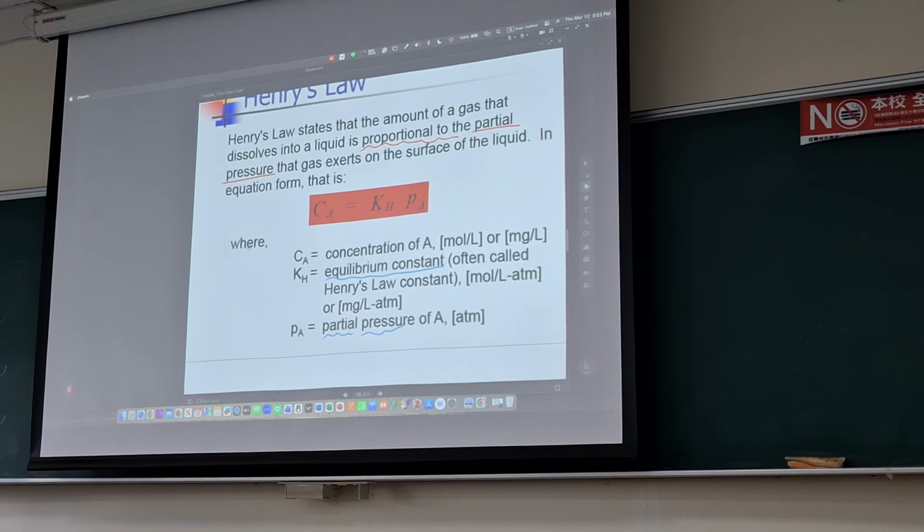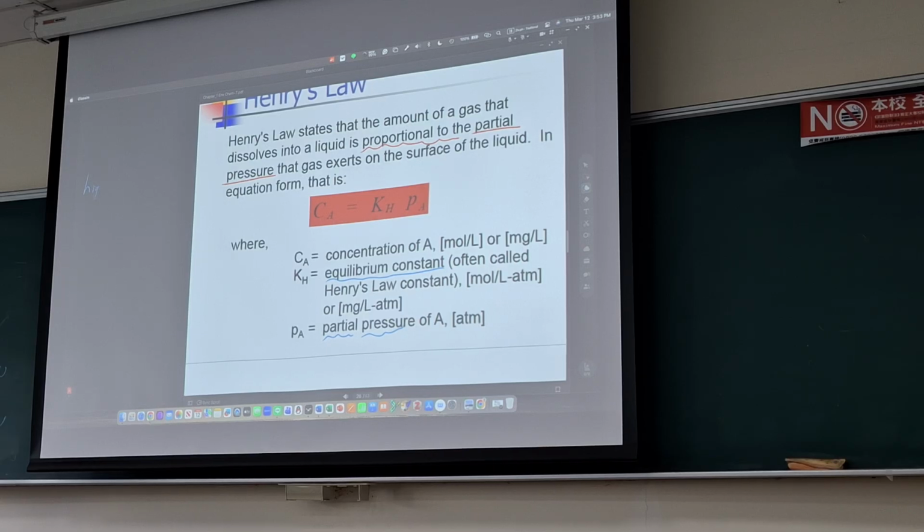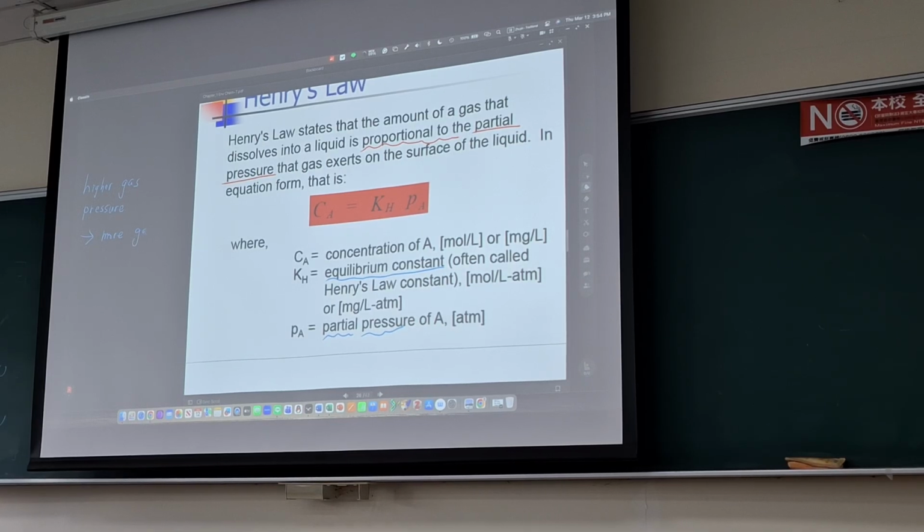So based on Henry's law, if there is higher gas pressure above the water, this means more gas dissolve. Based on this Henry's law.